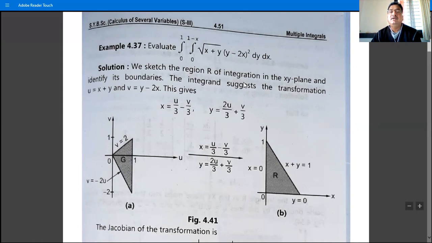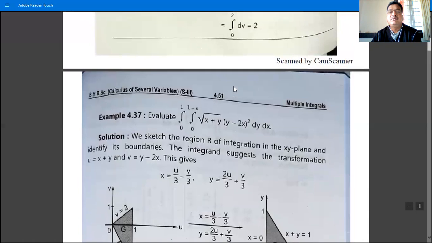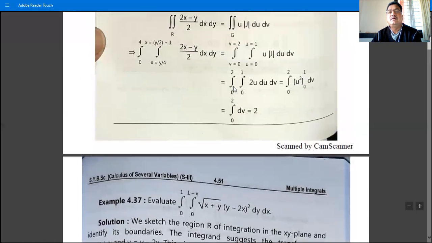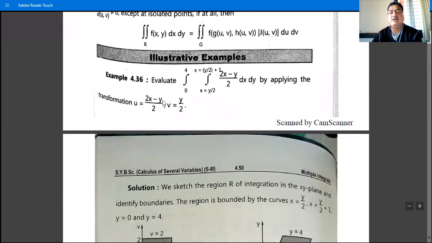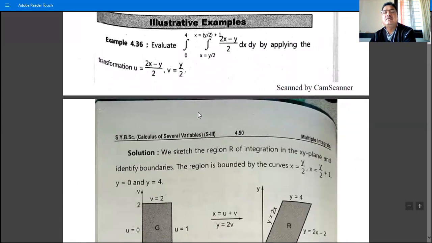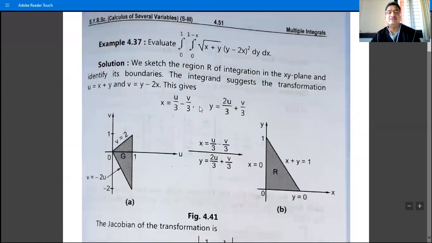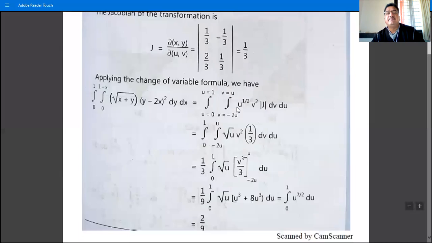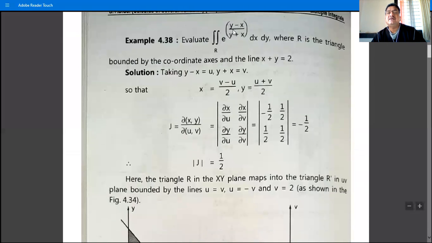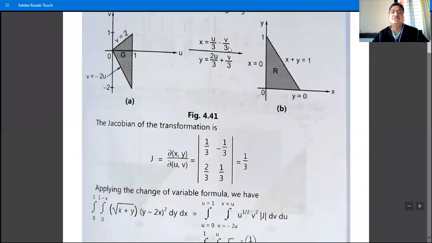If the substitution is given, then use that substitution, but otherwise if it depends on you, then observe the integrand, and take x plus y as u, y minus 2x as v. Here it is y minus x as u, y plus x as v. So substitution problem.